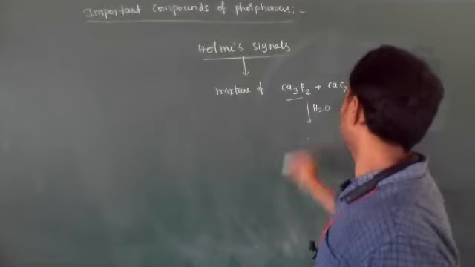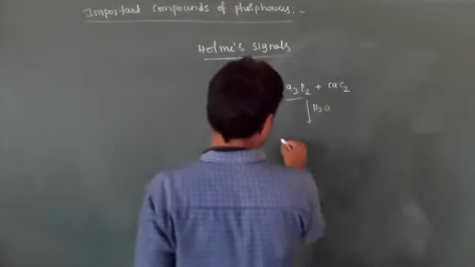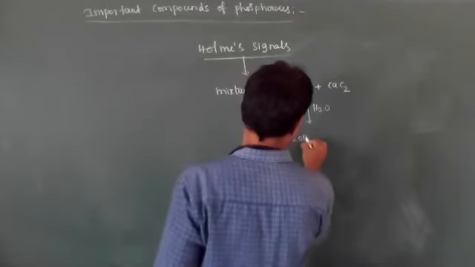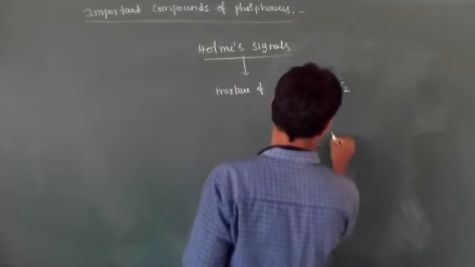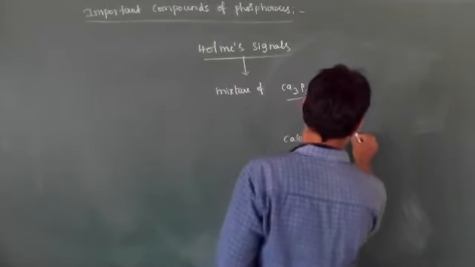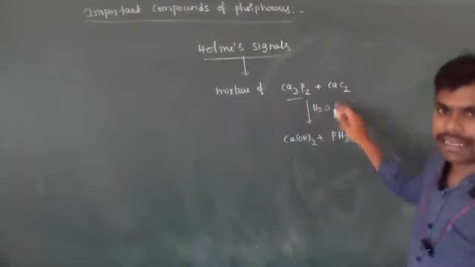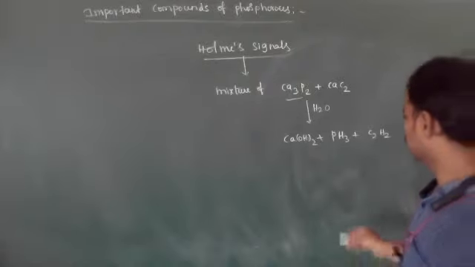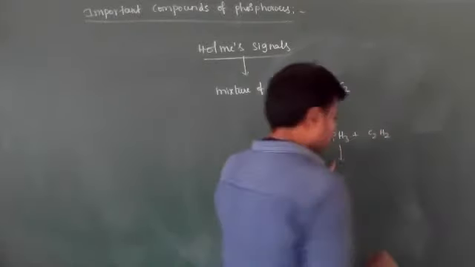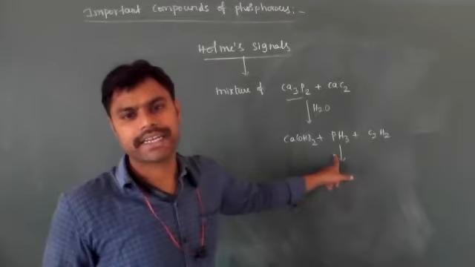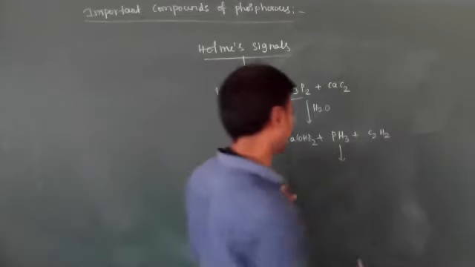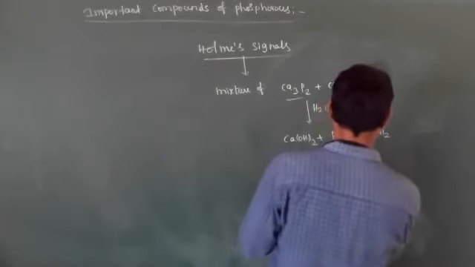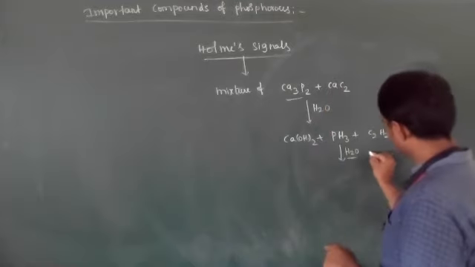It is converted into calcium hydroxide plus phosphine, and the calcium carbide is converted into acetylene C2H2. This phosphine undergoes spontaneous combustion in water.